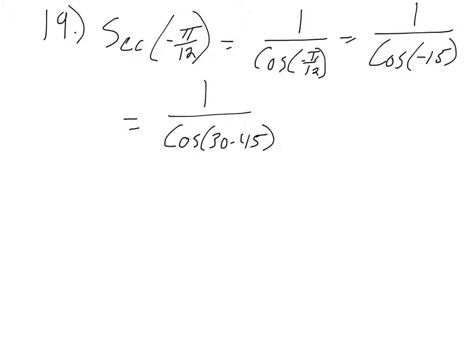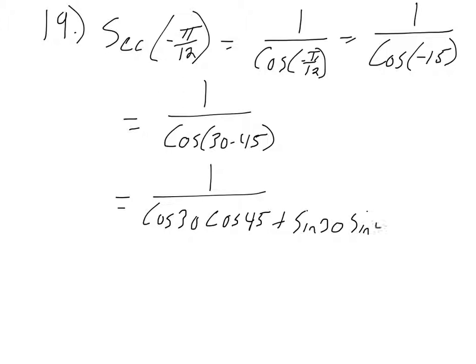All right, so we'll get 1 over cosine 30 cosine 45 plus sine 30 sine 45. Okay? All right, and so we'll get 1 over all that.